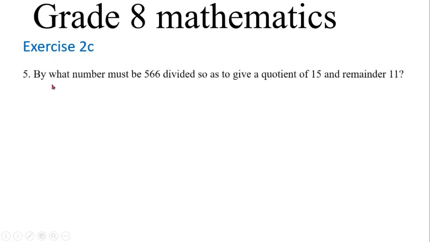Okay, under exercise 2C, the first problem I want to solve is question number 5, and it says: by what number must 566 be divided so as to give a quotient of 15 and a remainder of 11?